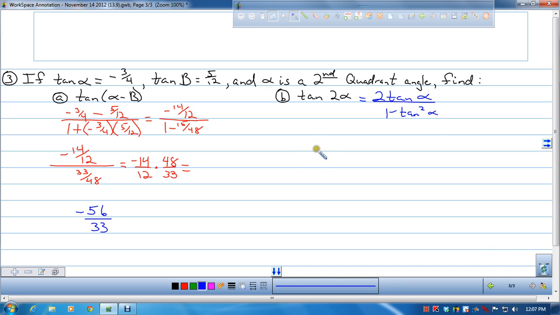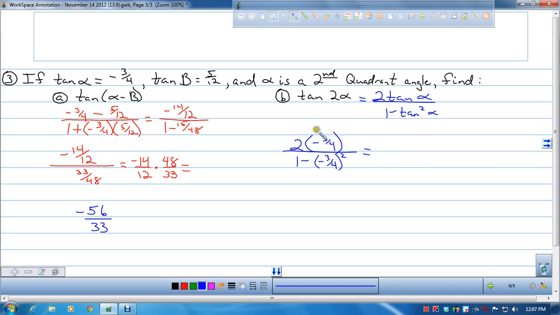Now it's just a matter of filling in the blanks. So it's going to be 2 times, and the tangent of alpha, they said, is negative 3 over 4, over 1 minus the tangent of alpha, negative 3 over 4. But I'm going to square that because it was that value squared, right?